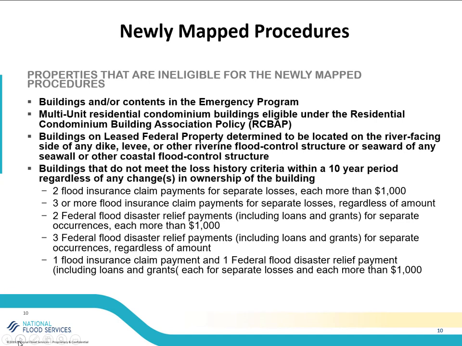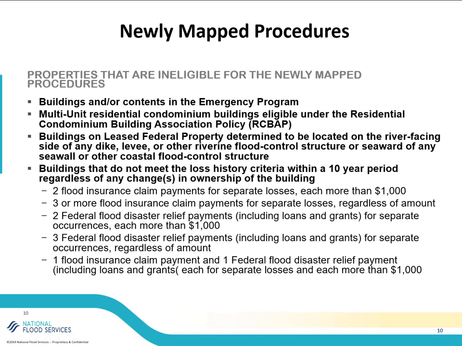Buildings and/or contents that are still in the emergency program. Multi-unit residential condominium buildings that are eligible under the Residential Condominium Building Association policy. Buildings that are on leased federal property determined to be located on the river-facing side of any dike, levee, or other riverine flood control structure, or seaward of any seawall or other coastal flood control structures.